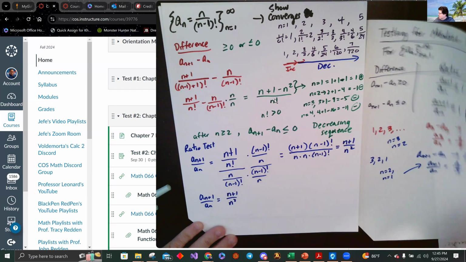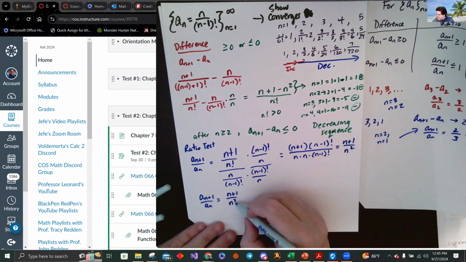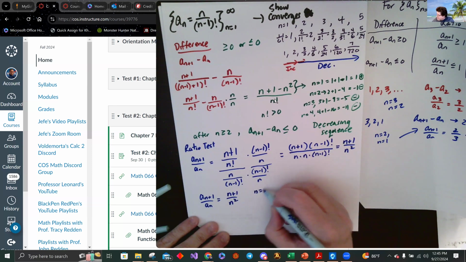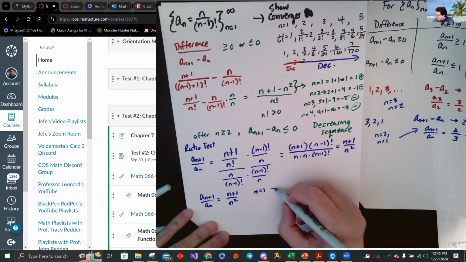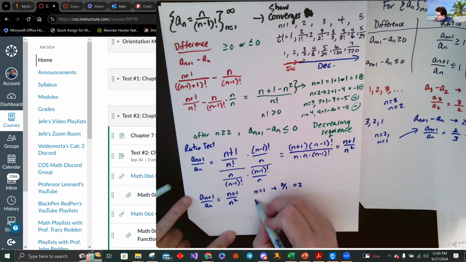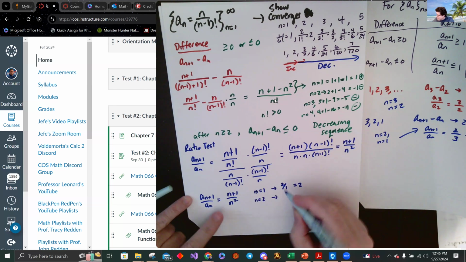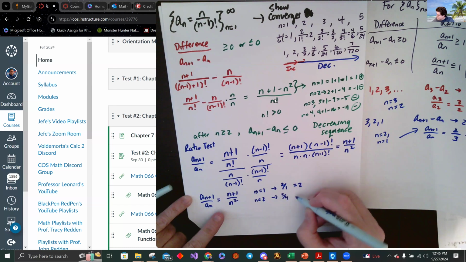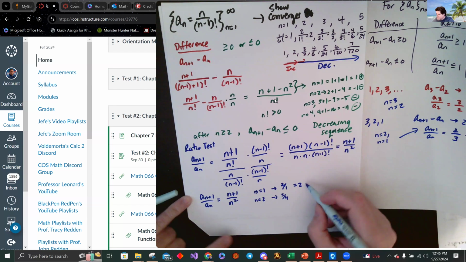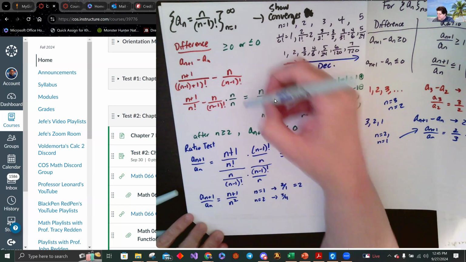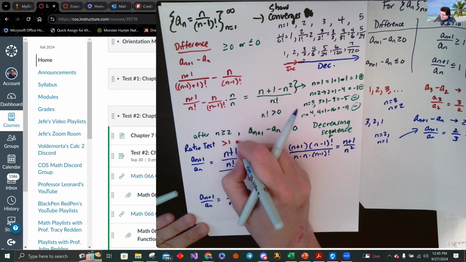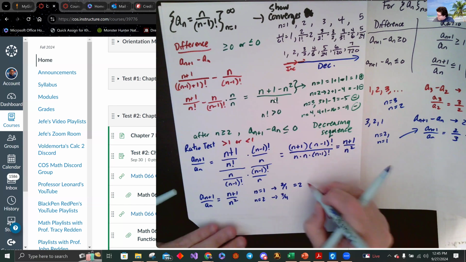And we'll check our monotone sequences again. What's going on here? If n equals 1, this is 2 over 1, which is 2. If n equals 2, this is 3 over 4. And on the ratio test, remember we're checking to see, is it greater than 1 or less than 1? So that was greater than 1.